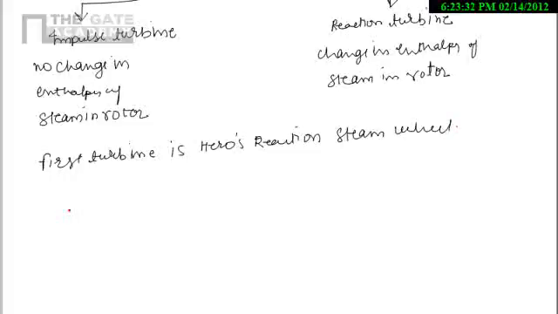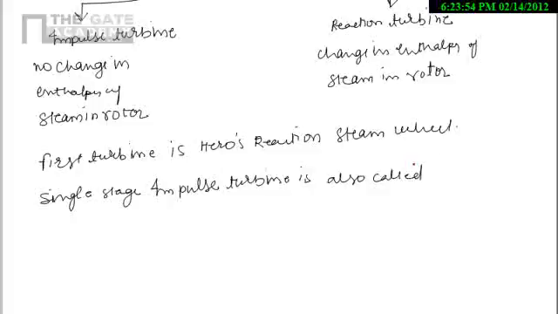And now we have the single stage impulse turbine, that is called De Laval turbine. Single stage impulse turbine is also called De Laval turbine. So remember these two things: the first turbine was the Hero's reaction steam turbine, and the single stage impulse turbine is called De Laval turbine.